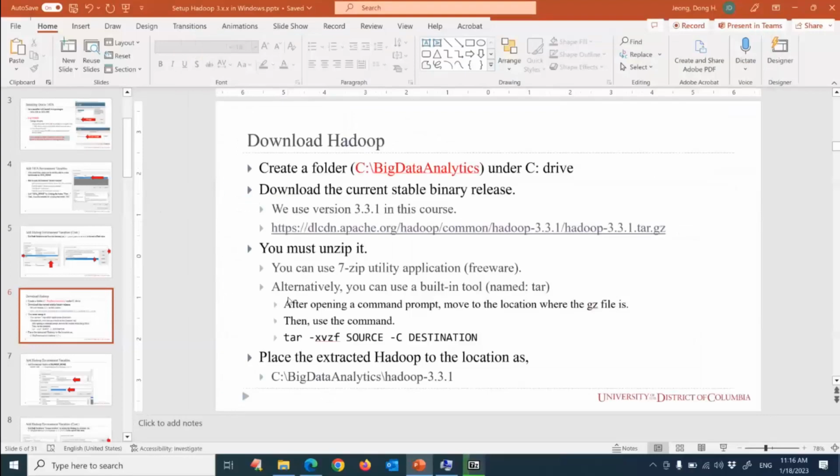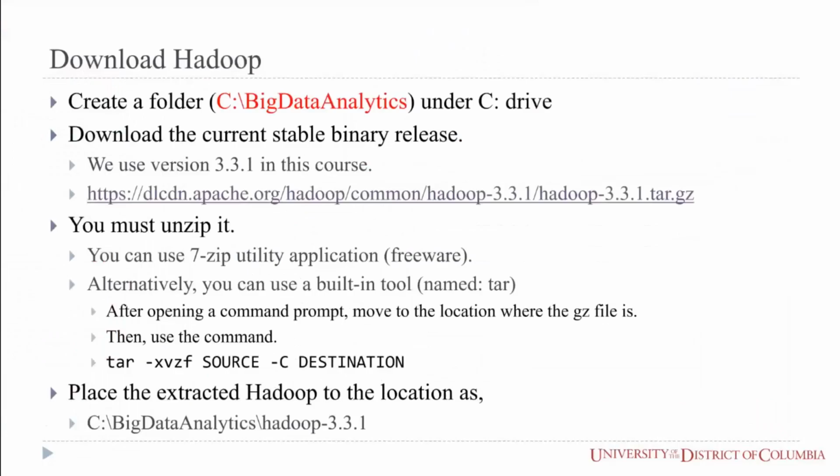While it is uncompressing, once you have uncompressed the files, you have to move them to this folder. For doing that, you have to create this default folder under the C drive. In our case, we are trying to use the same folders, so that I can easily explain where you can find some of the files, right?